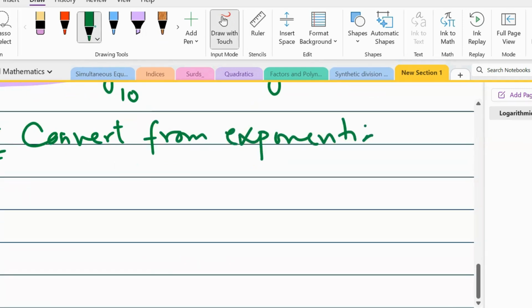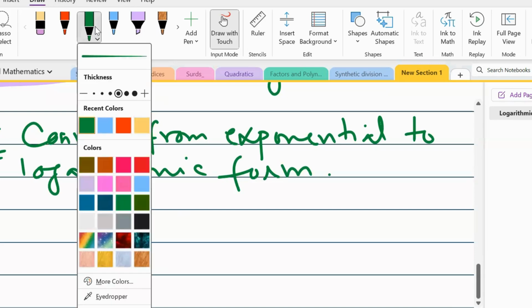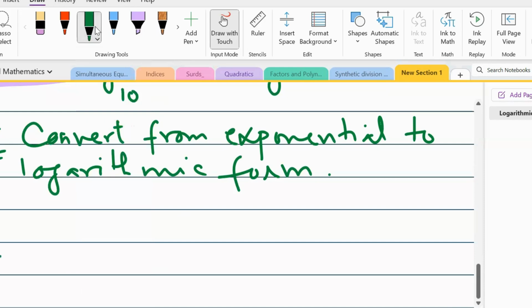The question is 10 raised to the power x is equal to 15.